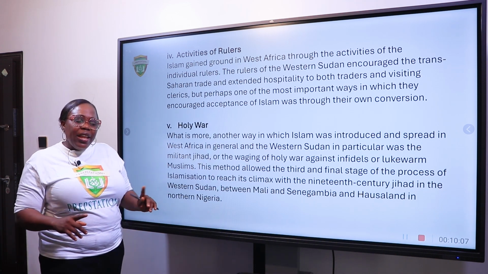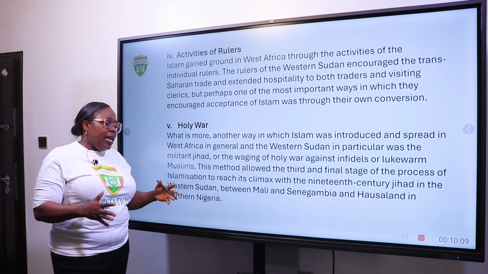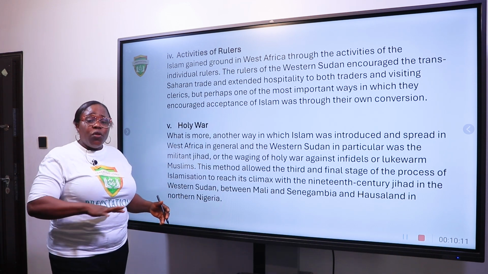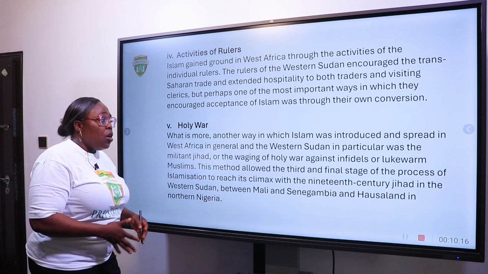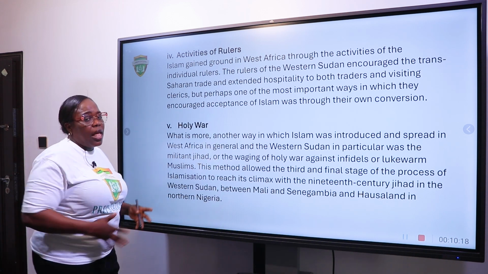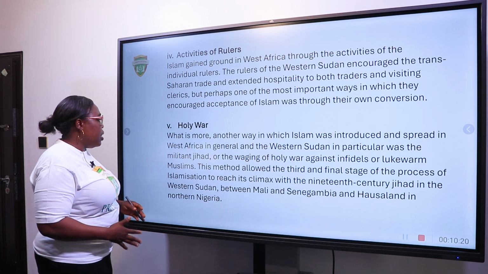When the emperors and the kings converted, it was easy for their subjects to also convert to Islam.